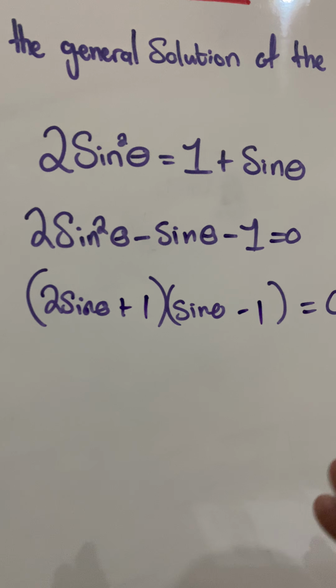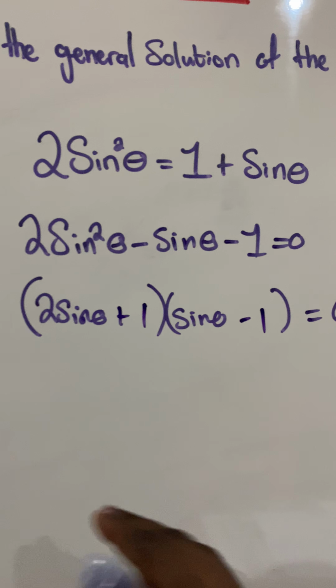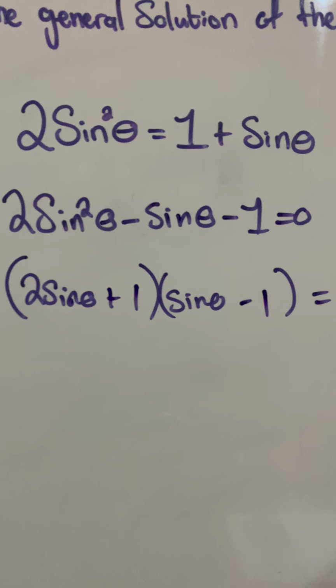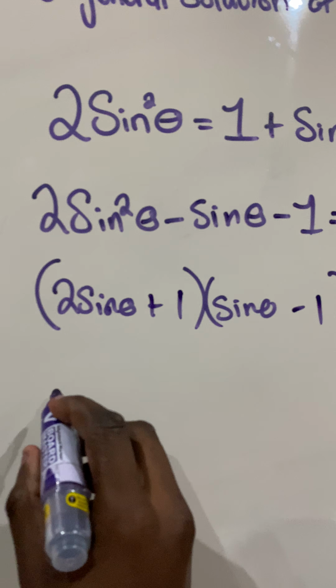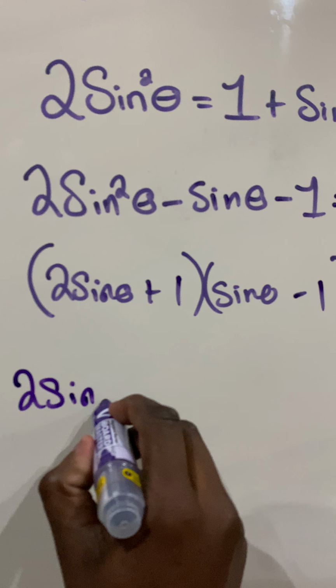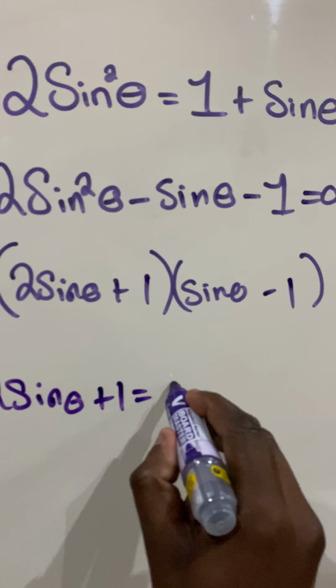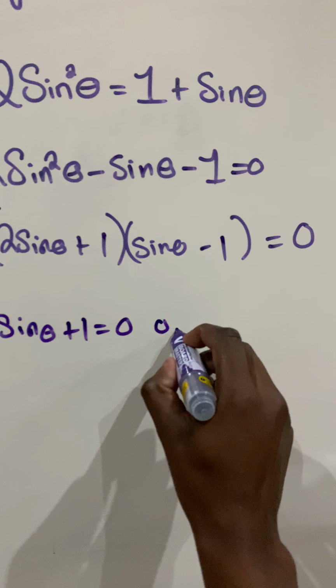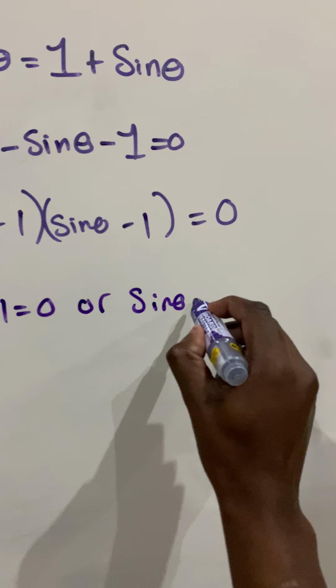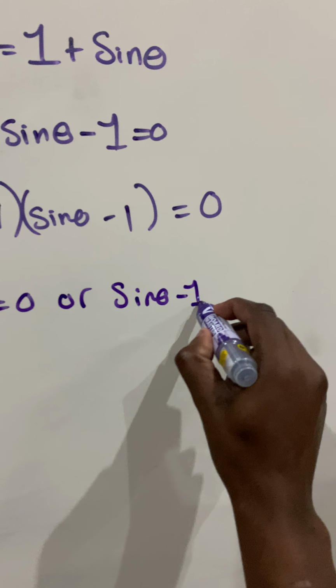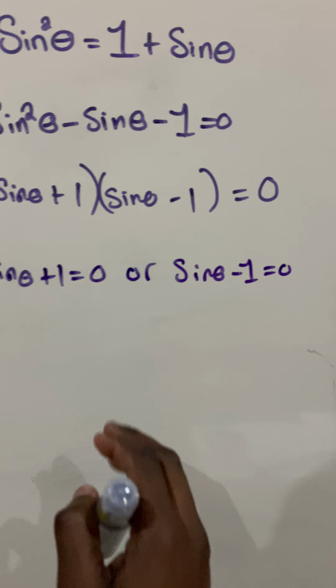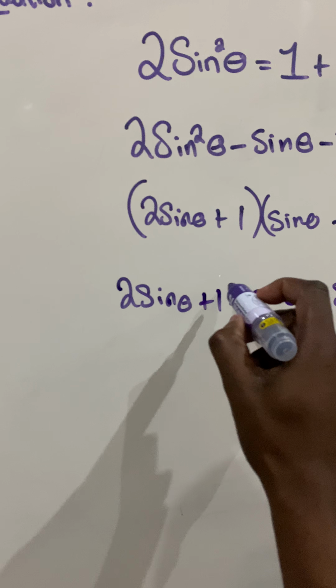And I get it. Some of the students are not comfortable with this one, but let me just solve it here before I give you an alternative. So here we have a bracket. So basically we have 2 sin theta plus 1 is equal to 0, right? Or we're going to have sin theta minus 1 is equal to 0, right? This one we can simplify by taking the 1 over.